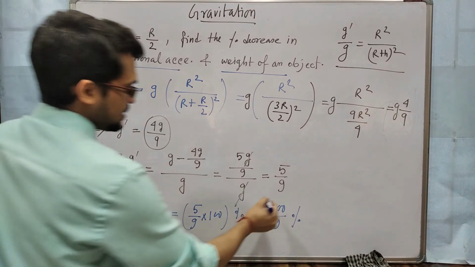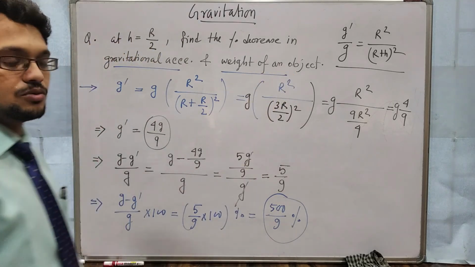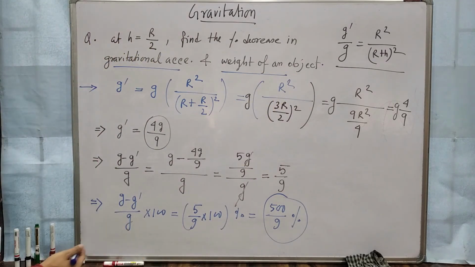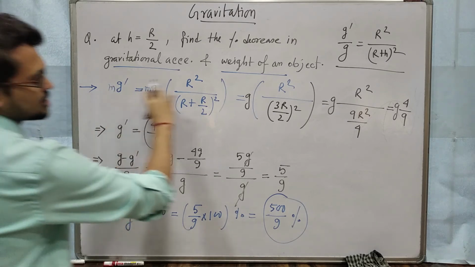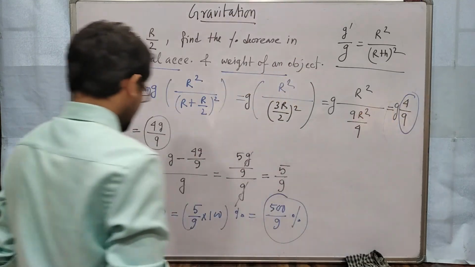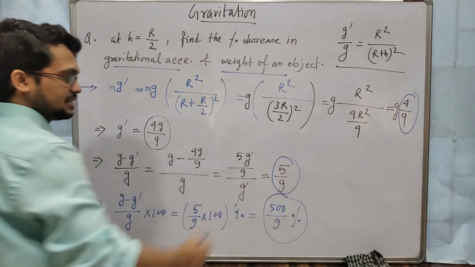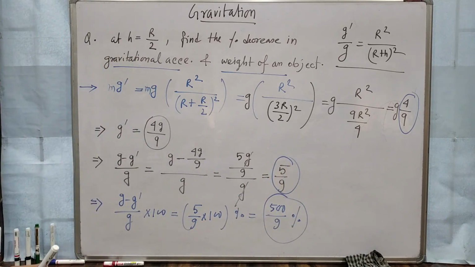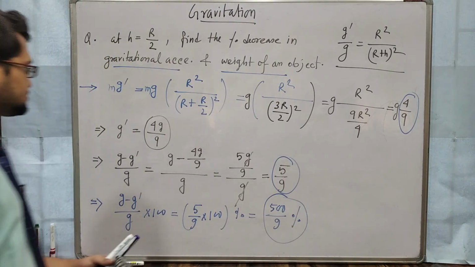And also the same value will be correct for the percentage decrease in weight of an object, because for weight we have to multiply by mass. Okay, all the values will remain same. Here we will get the 4 by 9 at the end, here we will get the 5 by 9. So percentage decrease in weight will also be 500 by 9 percent. Okay students, clear? This is one type of numerical.